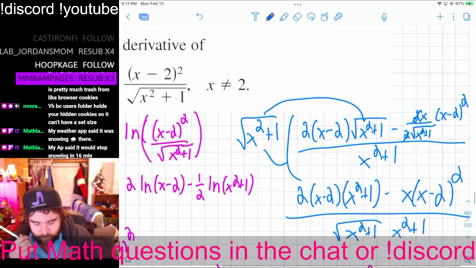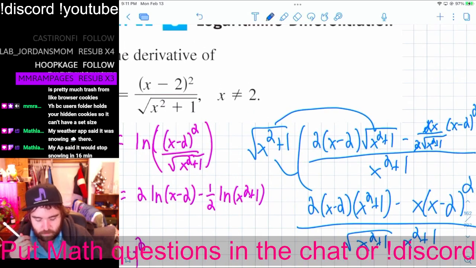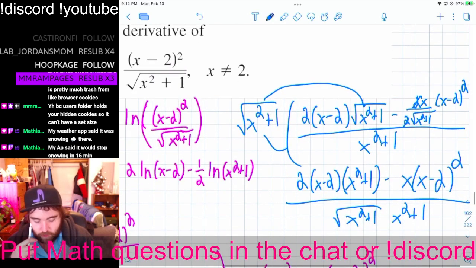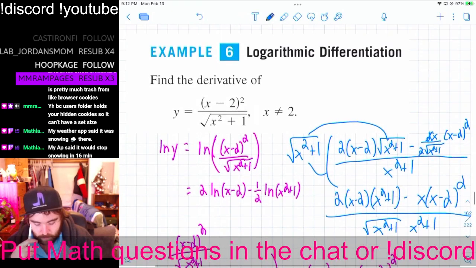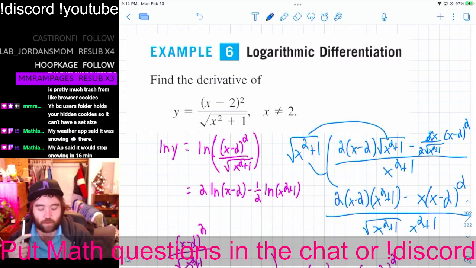So the derivative of the top, 2 times x minus 2, times the bottom, square root of x squared plus 1, minus the derivative of the bottom, which is 1 over 2 root x squared plus 1, times the derivative of the inside, so times 2x, which is why the 2's cancel, and then times just x minus 2 squared.